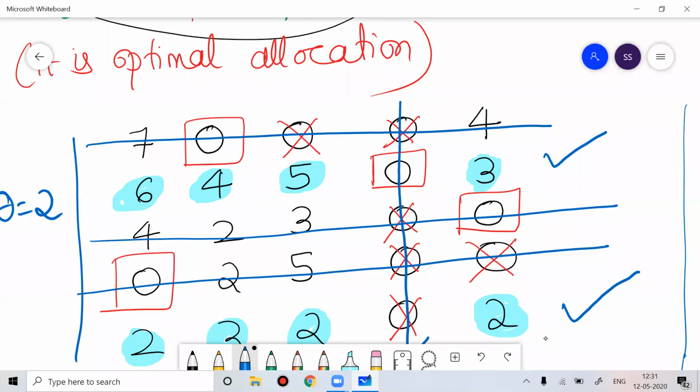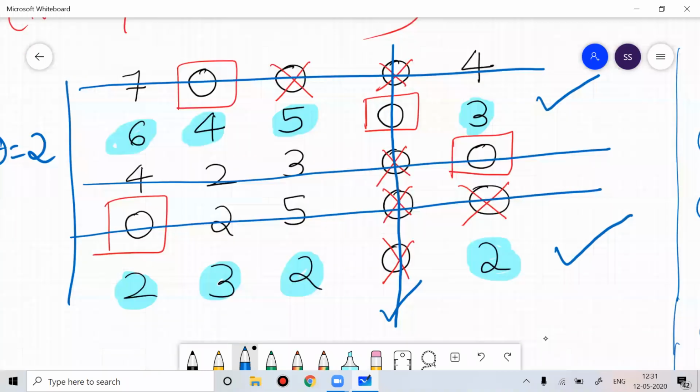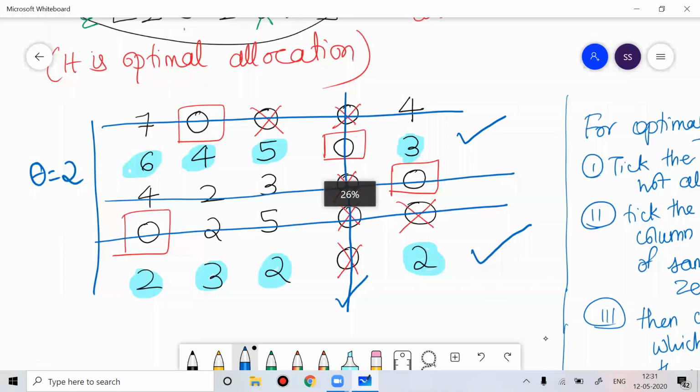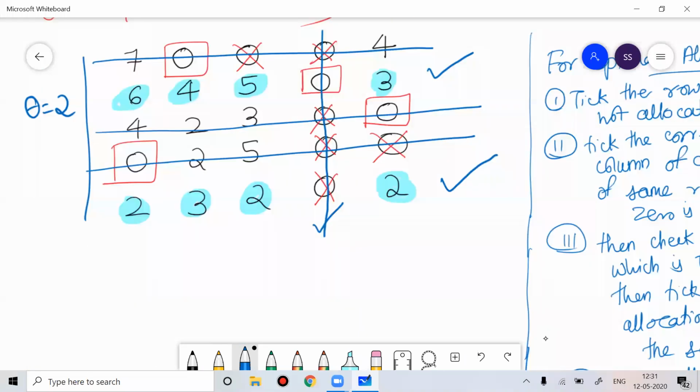So this will be like this. Any element which is crossed, like 7, will remain 7 because it is crossed. Then 0 will remain 0, 6 will become 6 minus 2, 4, 4 minus 2, 2, 5 minus 2, 3.